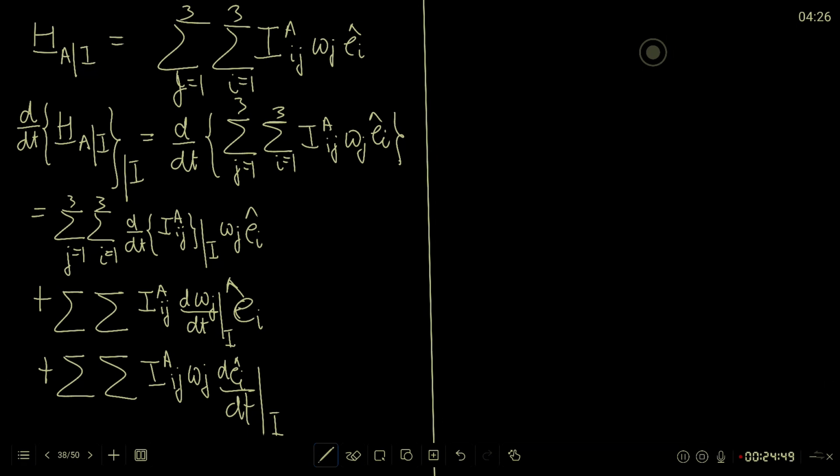I have not written i from 1 to 3, j from 1 to 3 here, it is implied. Just trying to save some time here. The summation means going from i equals 1 to 3 or j equals 1 to 3. Two summations means one is for i, the other is for j. Three groups of terms we get here.